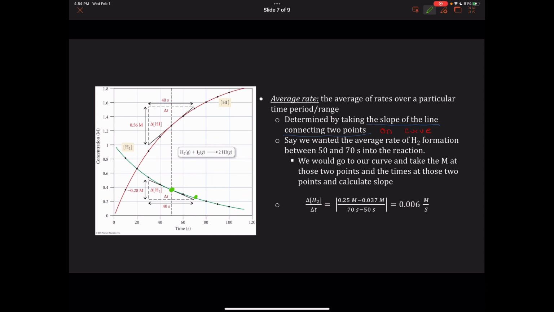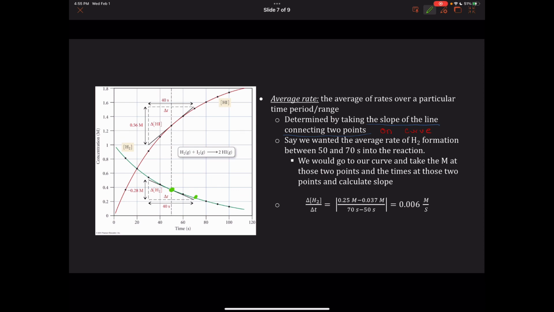We're on the curve itself, which puts us at different concentrations. And so from those concentrations, we're taking our change in hydrogen between those 2 points, divided by the change in time at those 2 points, and we're calculating the rate. And we get a rate of 0.006 molarity per second.